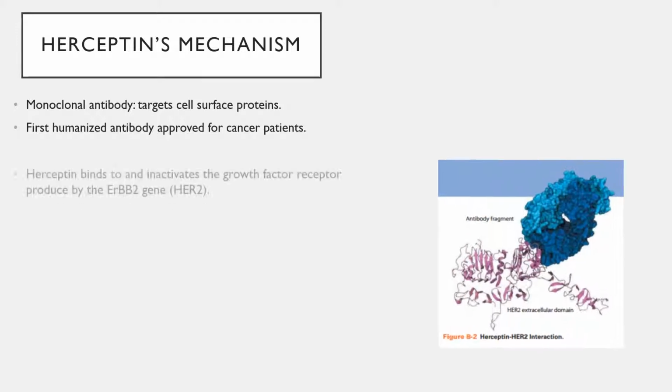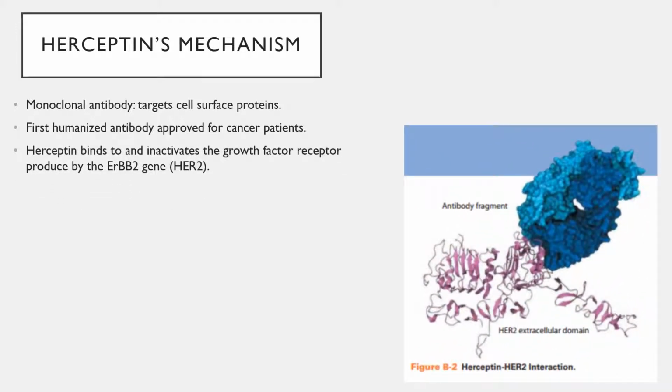And so how Herceptin works, here we have a figure where Herceptin is binding to the HER2 extracellular domain, which is just a growth factor receptor produced by the ERBB2 gene, known as HER2.